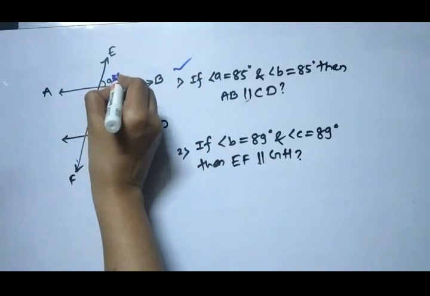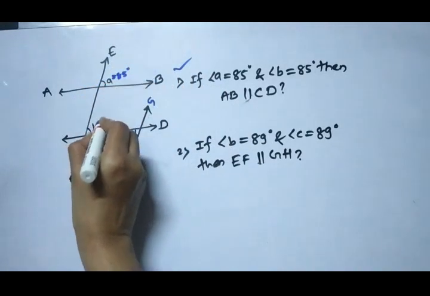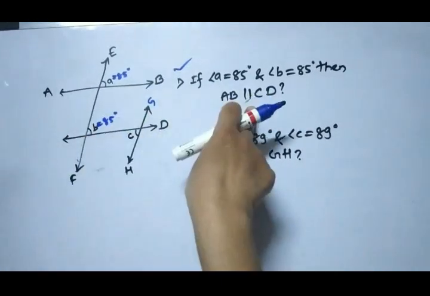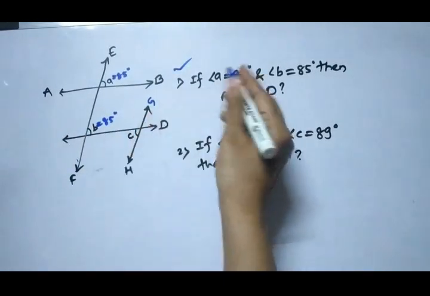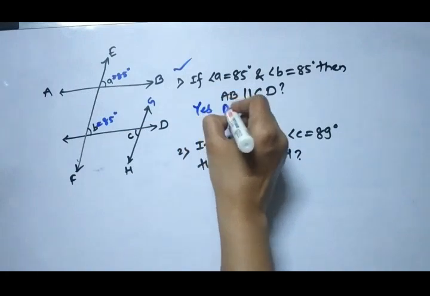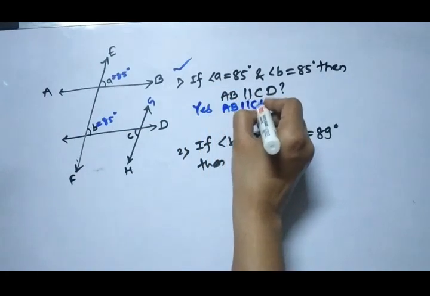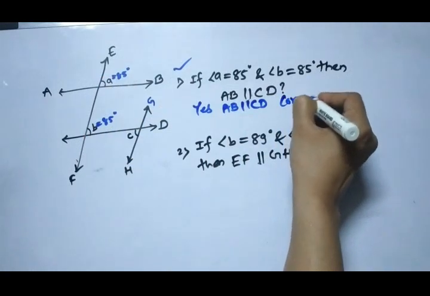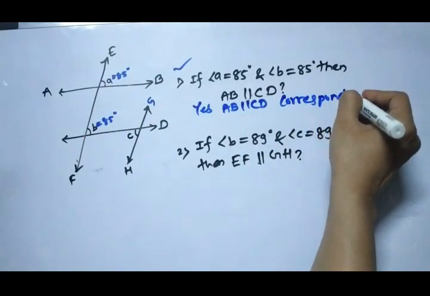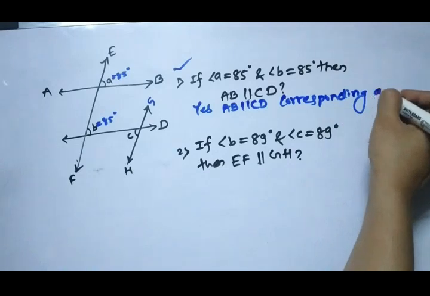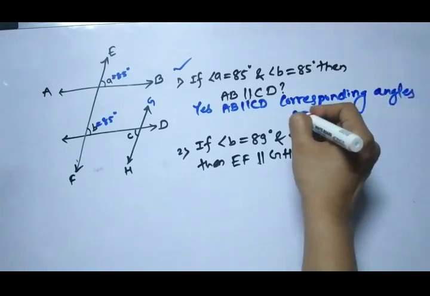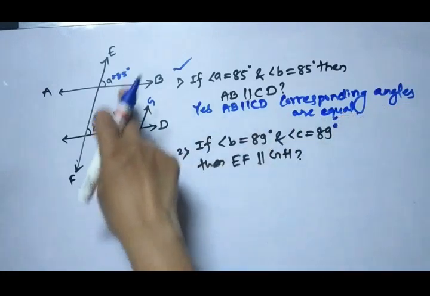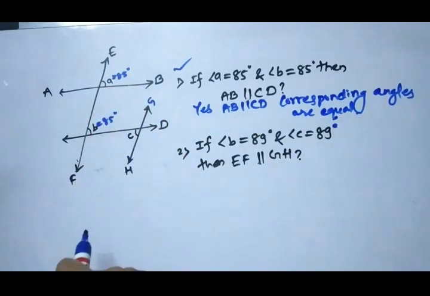We need to prove that line AB is parallel to line CD. So yes, we can write AB is parallel to CD. Why? Because corresponding angles are equal. You can write the reason here, corresponding angles are equal. Because of this, you can see that these lines are parallel.